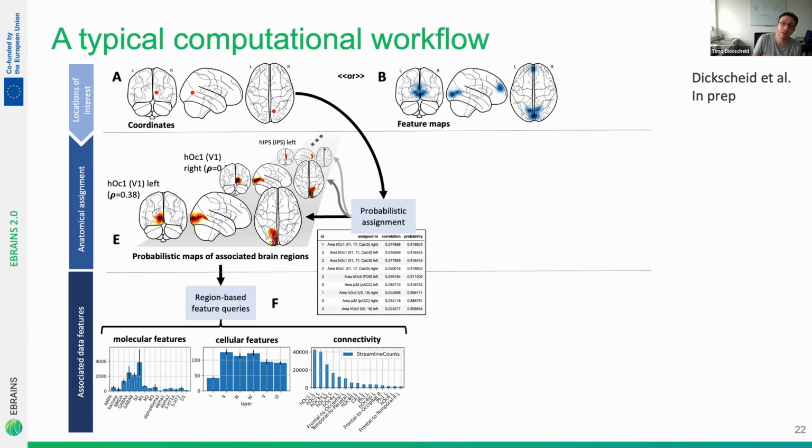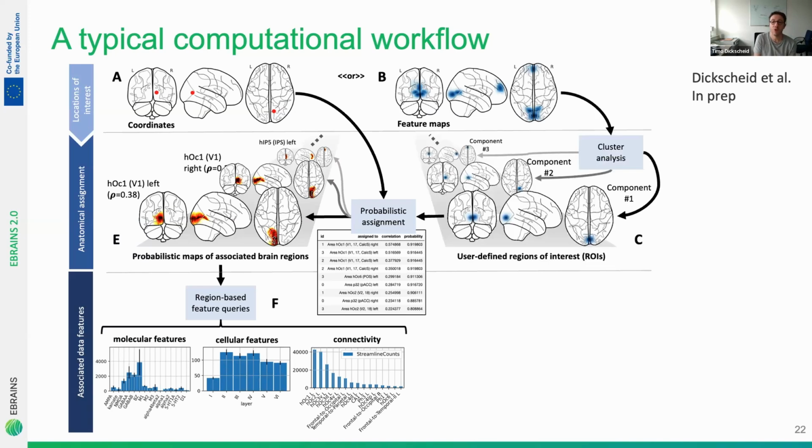And of course, you can also use such images and compare them with the probabilistic maps. Maybe do a cluster analysis to split them into different components, and then you can assign to brain regions by correlating these blobs with the probability maps. Basically giving you then another entry point into the same functionality of doing region-based feature queries.